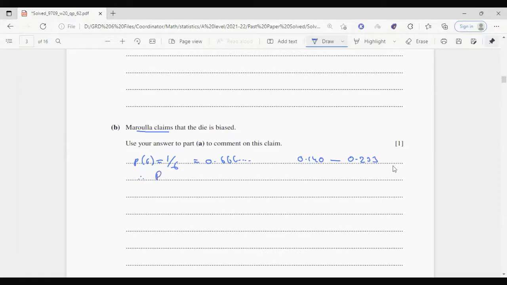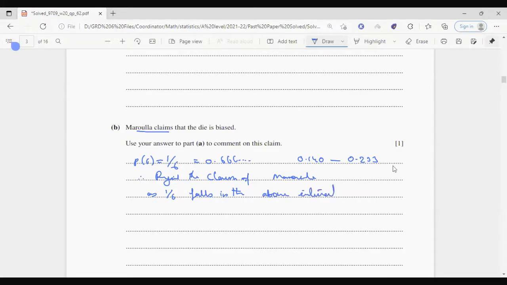So reject the claim of Marola. Why? As 1/6 falls in the above interval.